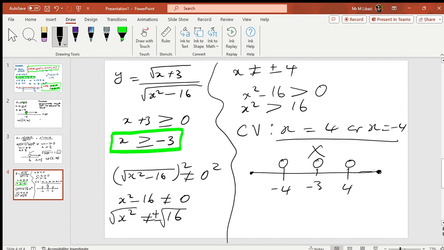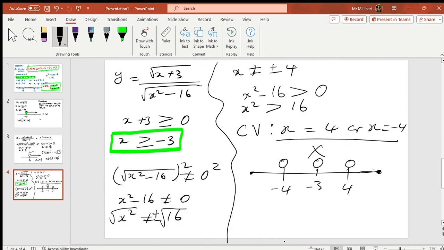So I believe you can also see the advantage of substituting into the full equation we were given. Negative 3 in the numerator is accepted, but when you go to the denominator, it is not accepted. So now we go to negative 4.